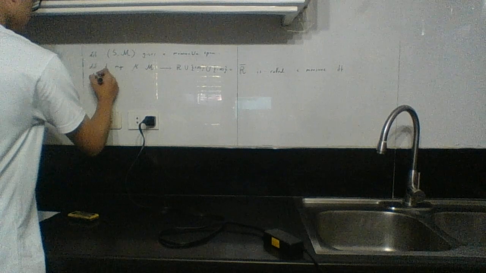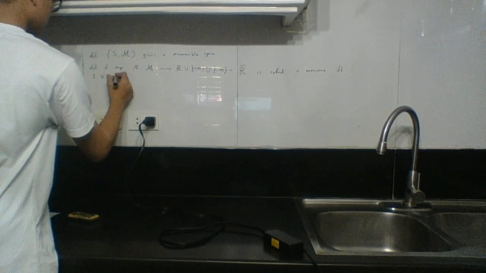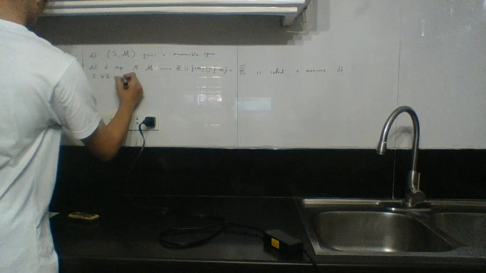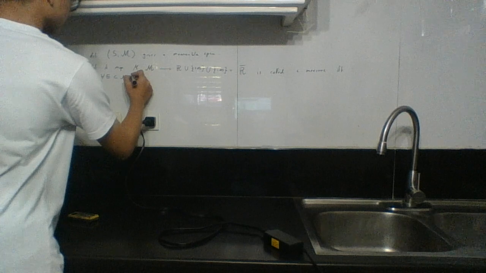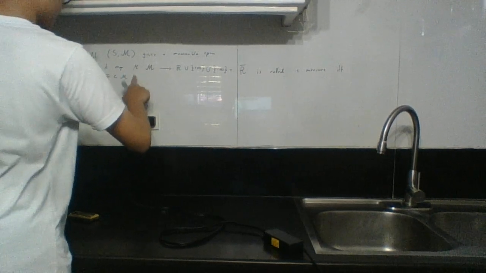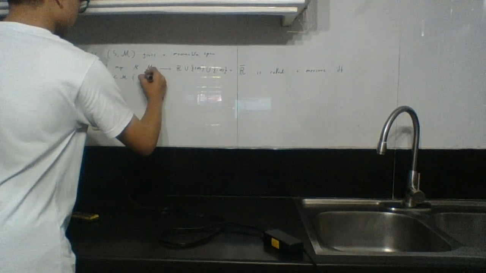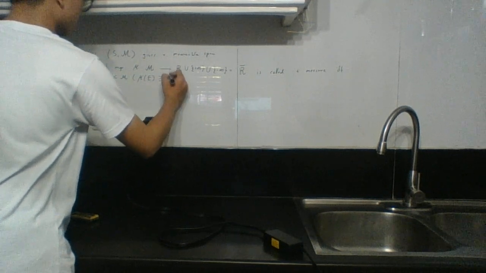Okay, let's go to measure. It is a measure if and only if, one, for all subsets E inside the sigma algebra, the measure of each E is greater than or equal to 0.